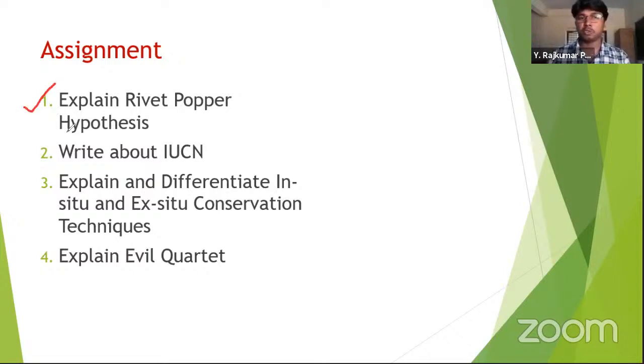The first question you need to write is: explain the rivet-popper hypothesis, which is important for your IPE also. Write the full form and explain about IUCN. Next, explain and differentiate in situ and ex situ conservation techniques. Explain the evil quartet. The evil quartet means the threats to biodiversity.